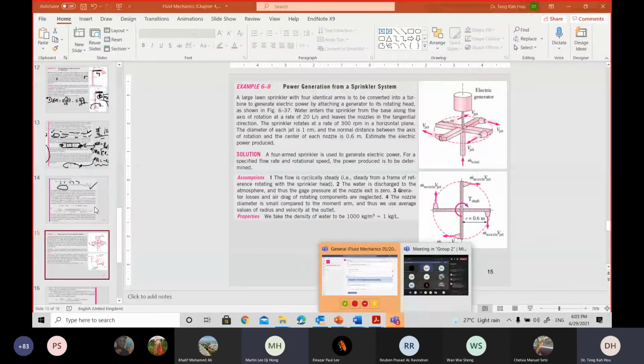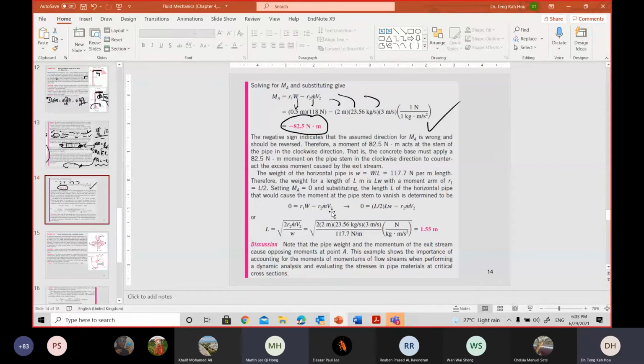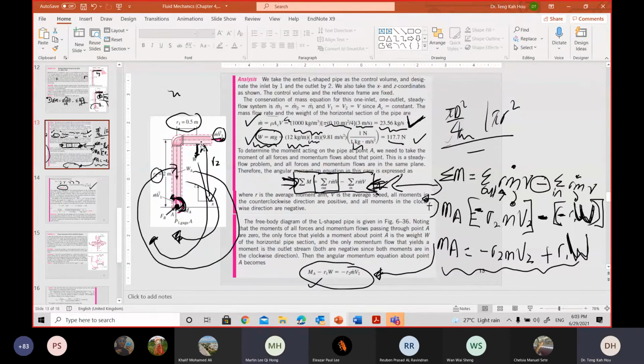For the question, how to change the W? You mean for this? Yeah, that one. Yep, that's why I leave it to you. You need to be smart to know what this means. What is the length times the W that contributes to that? So I leave that part to you to think about.